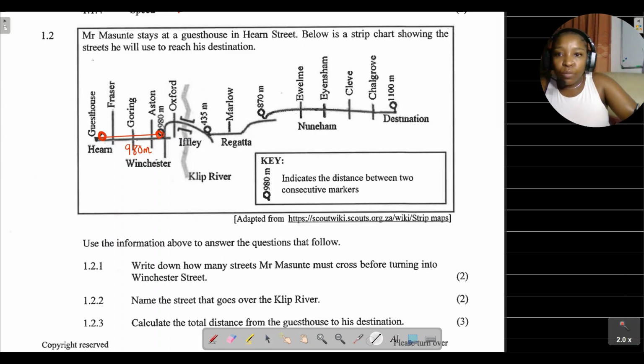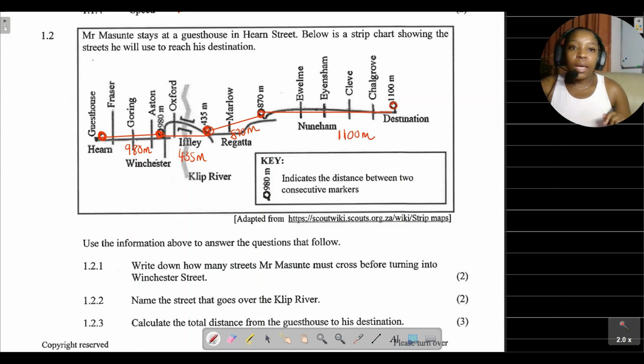If I am moving from this point to that point, the distance that I would have traveled would be 435 meters. If I'm moving from that point to that point, the total distance would be 870 meters. And if I am moving from this point to that final point, the total distance would be 1,100 meters.